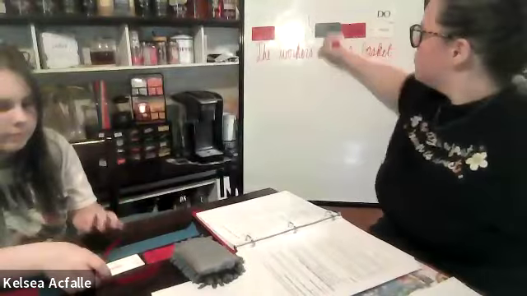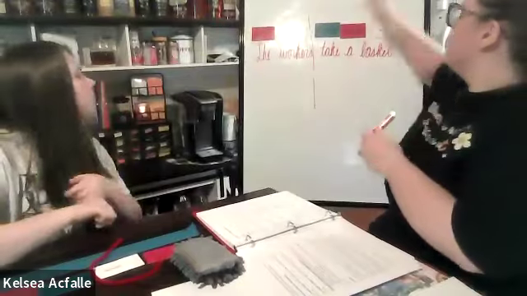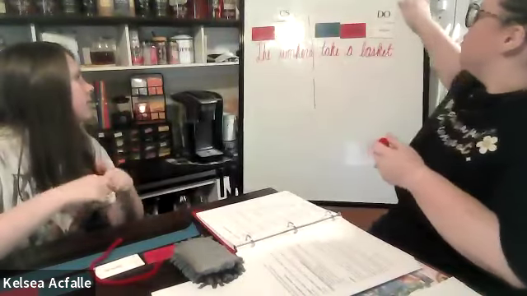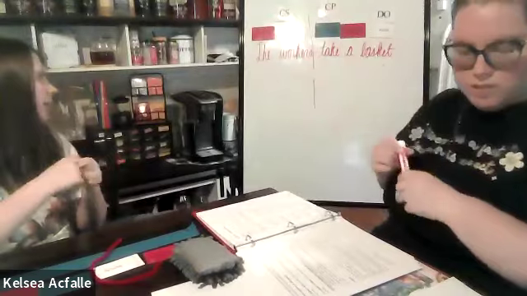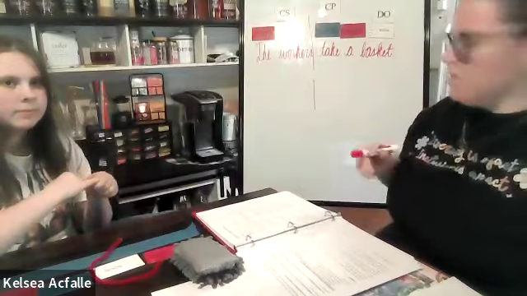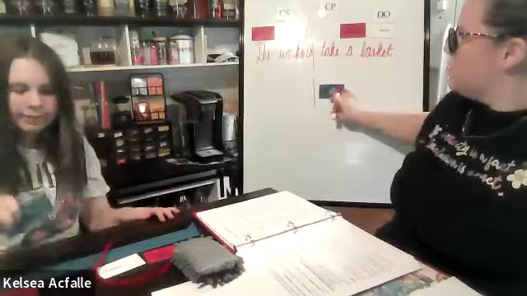Good. Everything before the action verb is our complete subject. Everything after is our complete predicate. Let's move down to the top line. What is the action of the sentence? Take.